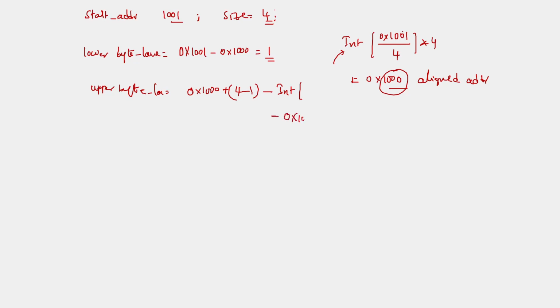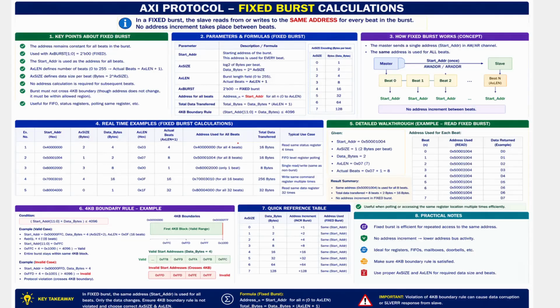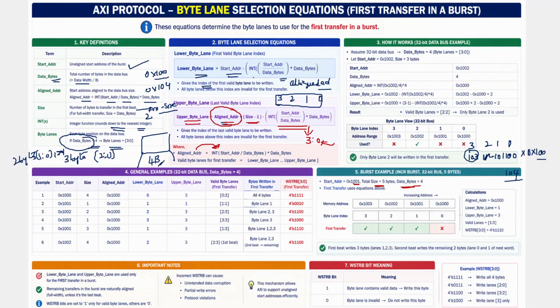This 1000 and this 1000 cancel, and 4 minus 1 is 3, so the upper byte lane is 3. That is the reason we got upper byte lane 3 and lower byte lane 1.